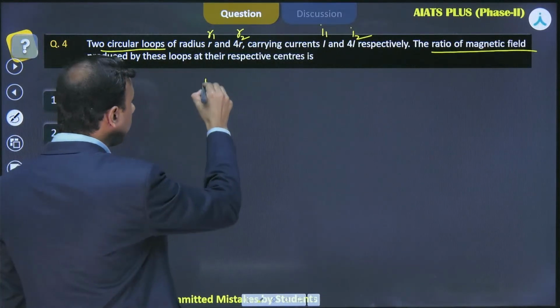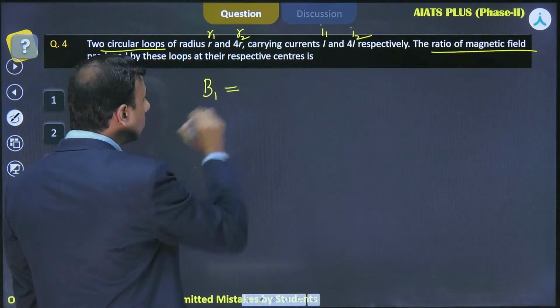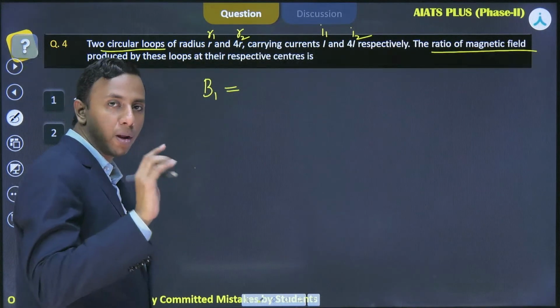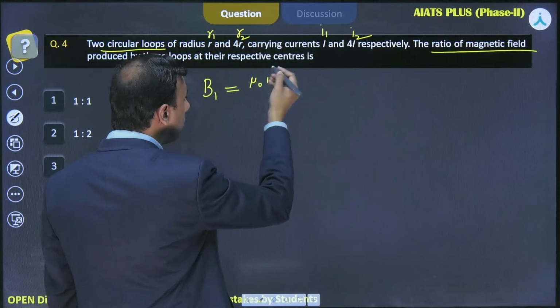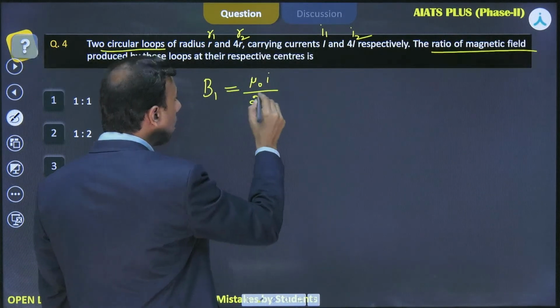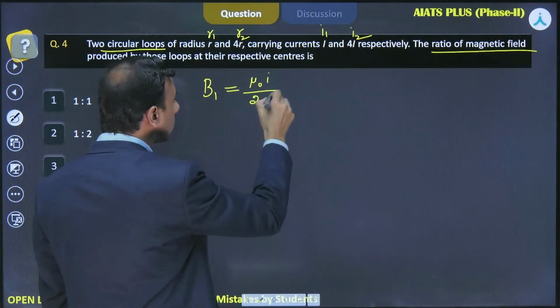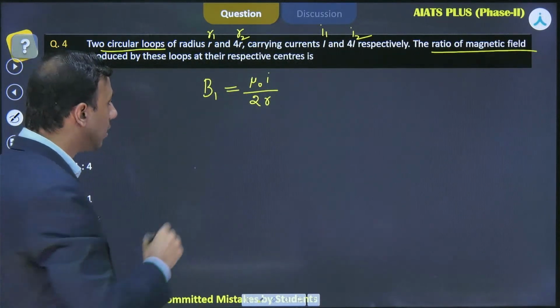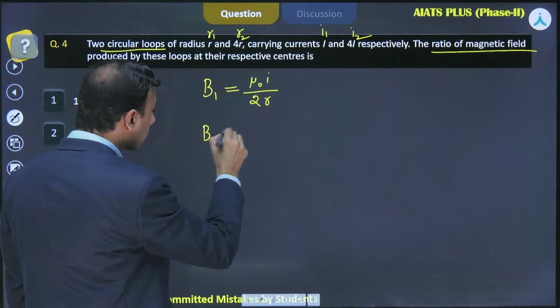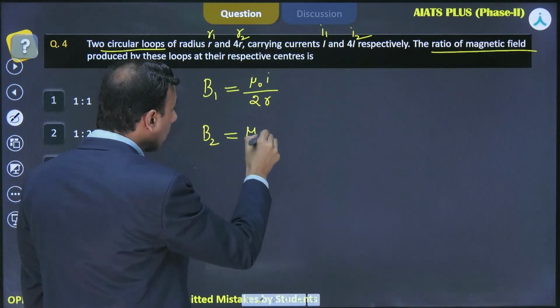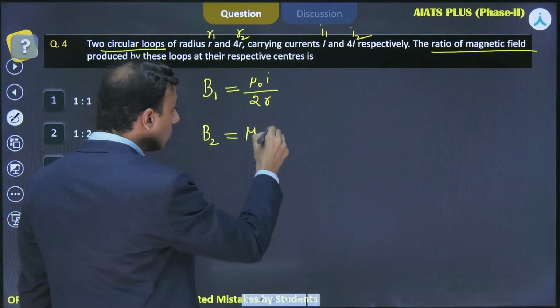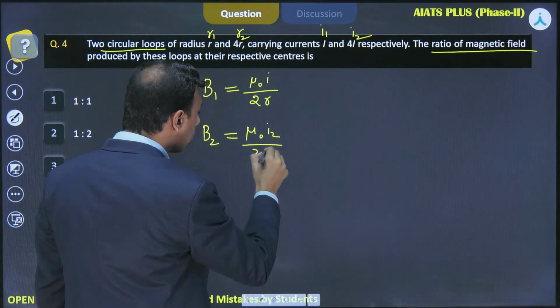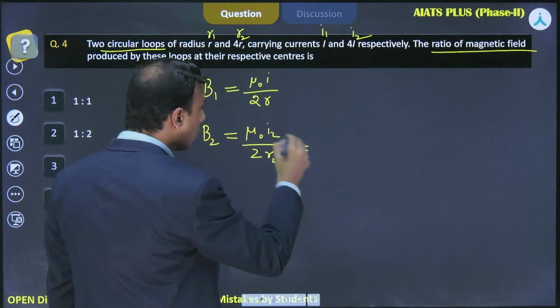So first let's write magnetic field number 1 for circular loop. What was the formula? Mu naught I1, which is I only, by 2 R1. R1 is your R only. Now for the second one, again mu naught I2 by 2 R2. Substitute the values.